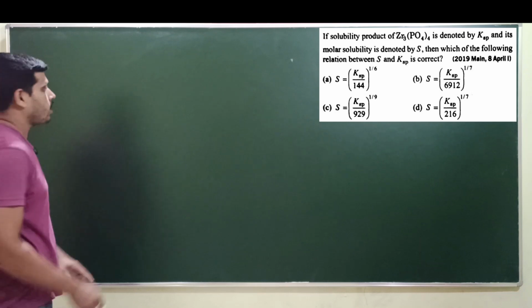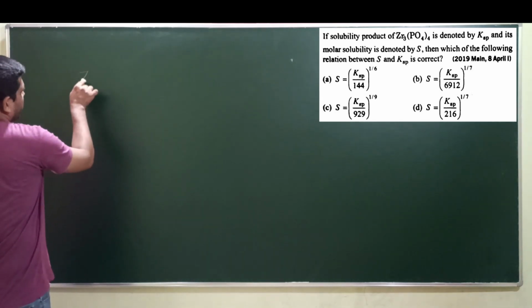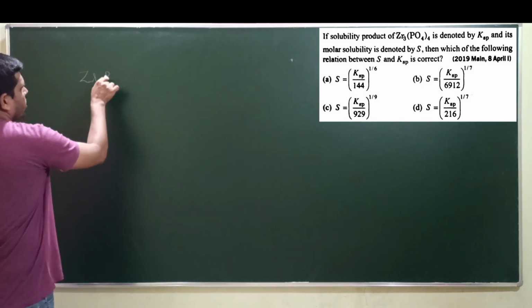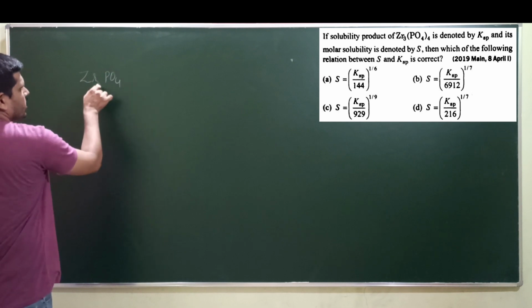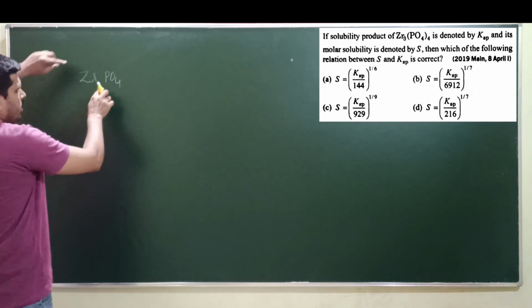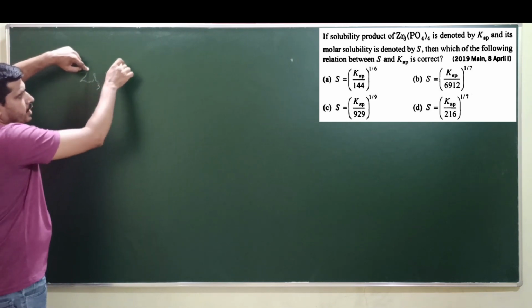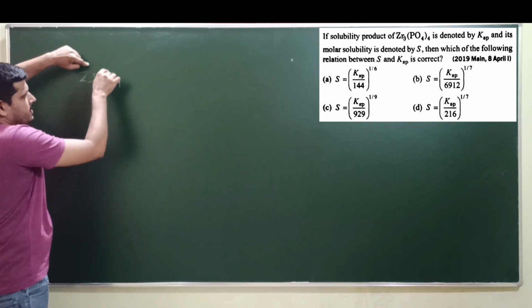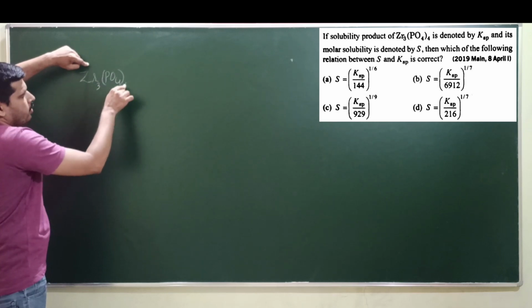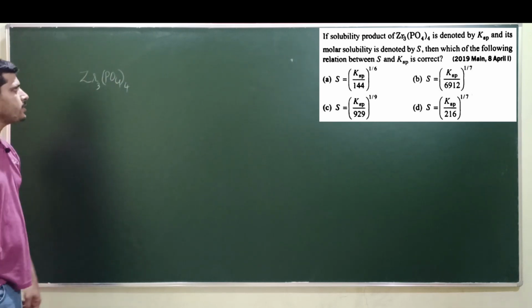What is the formula? Zirconium 4 plus charge, phosphate PO4 3 minus, crossing the valency, therefore Zr3(PO4)4. Am I right? So this is the formula.